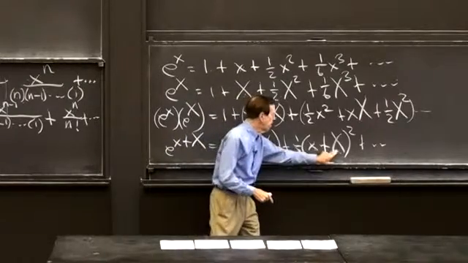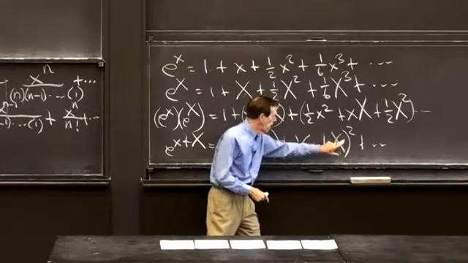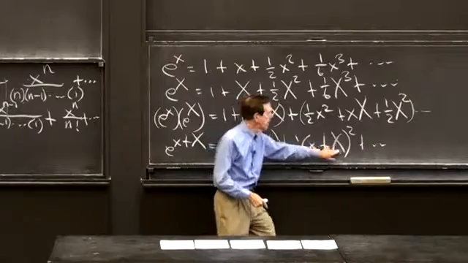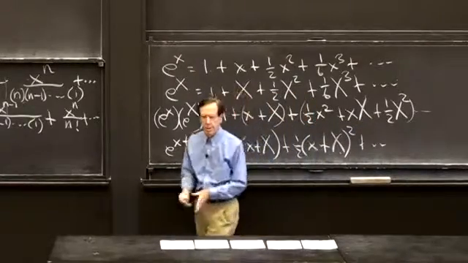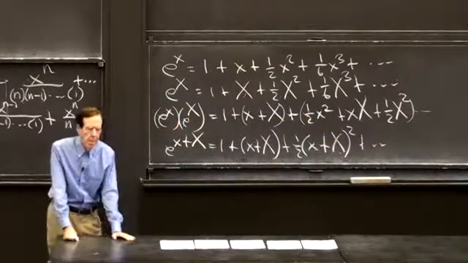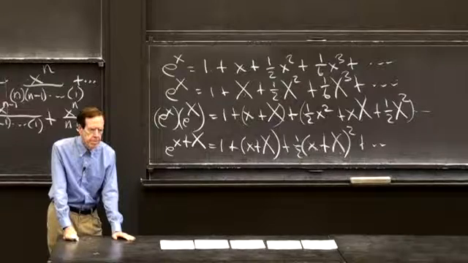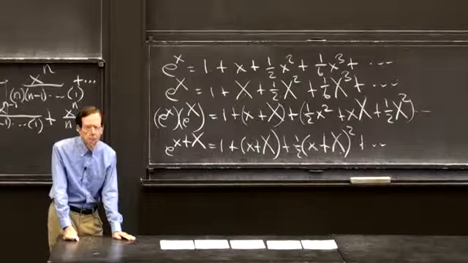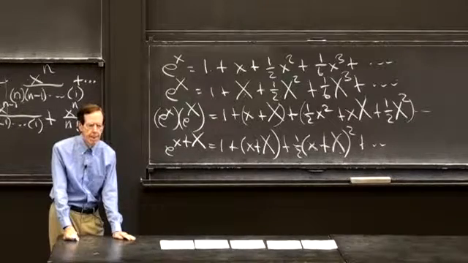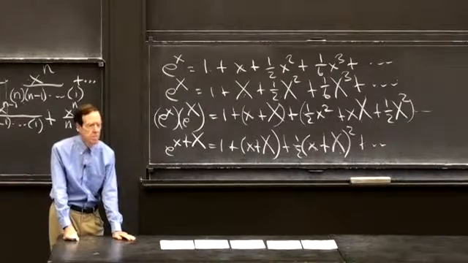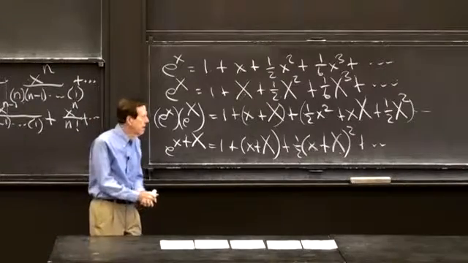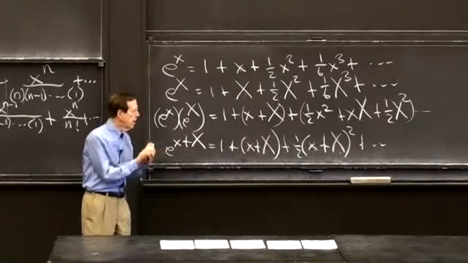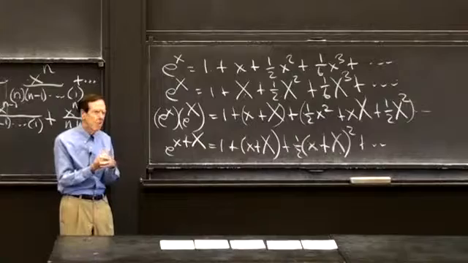And then finally, this guy by himself, squared, is the 1/2 capital X squared that I also want. So far, so good. Do you want to see the cube terms? I don't. Well, I'd rather you did it, but I should at least show that I'm willing to try.